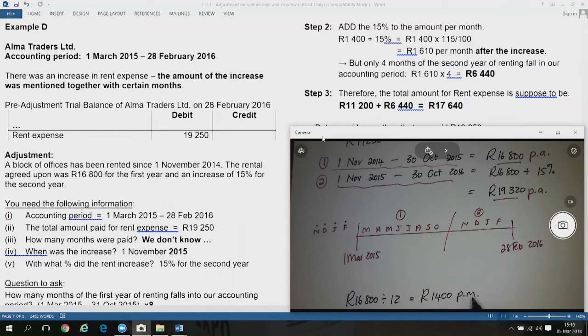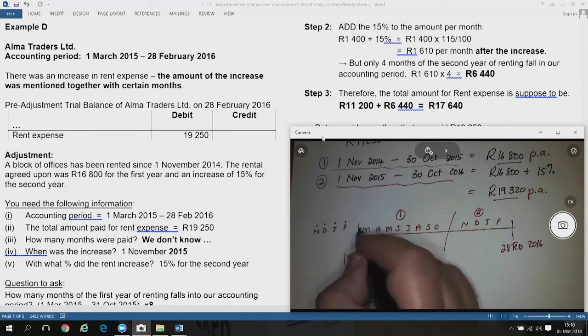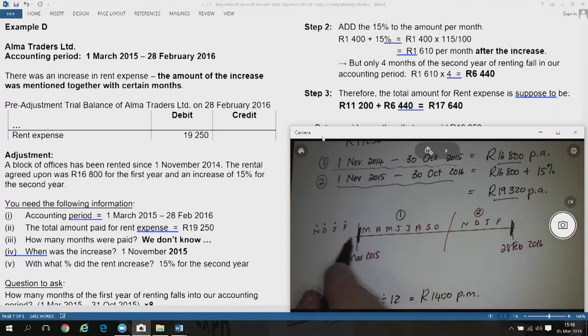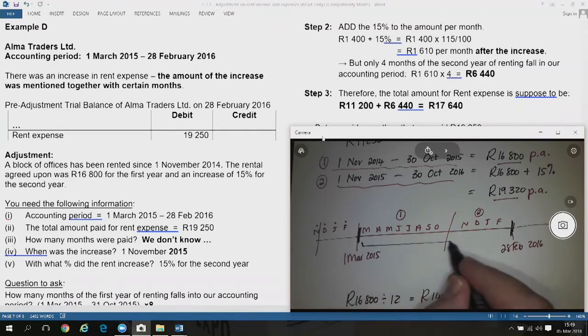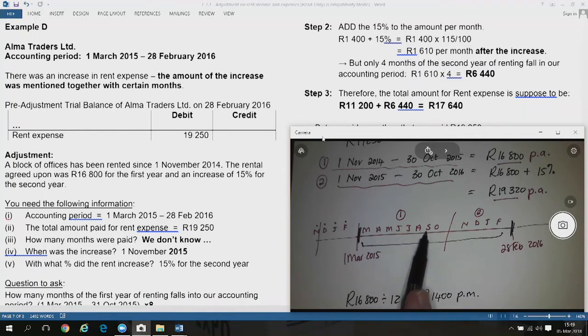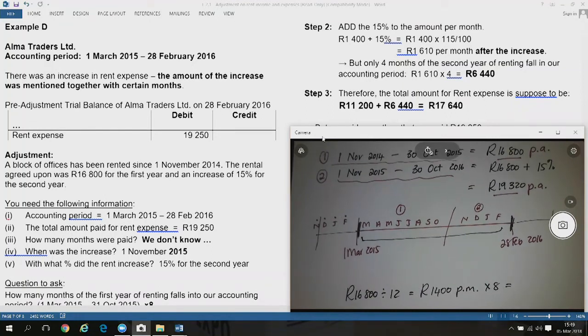In our accounting period, I don't talk about the rent agreements, because the rent agreements go on. I'm talking about our accounting period. There were 1, 2, 3, 4, 5, 6, 7, 8 months in the first year of agreement. That first amount times 8 gives us 11,200.